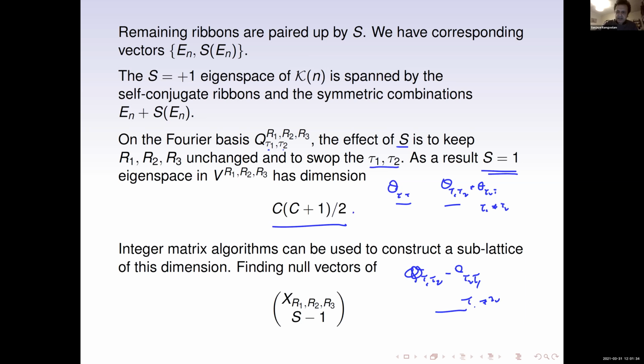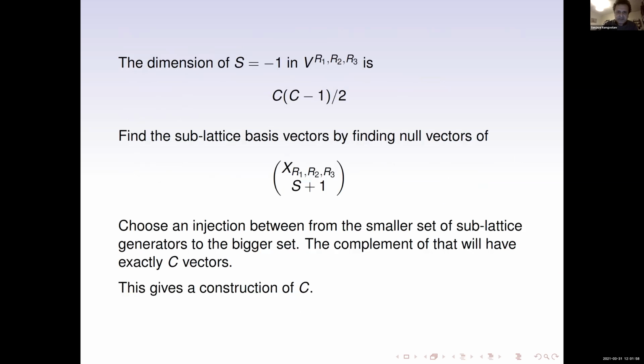There's this one, but again, we don't explicitly construct the Qs. Rather, we work with this X matrix which identifies the Young diagram, and then S equals 1 is another linear condition, which can be expressed in terms of integer matrices, and that's the big integer matrix. Null vectors of that give you CC plus 1 over 2 vectors.